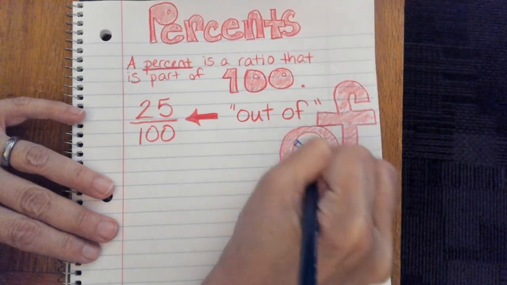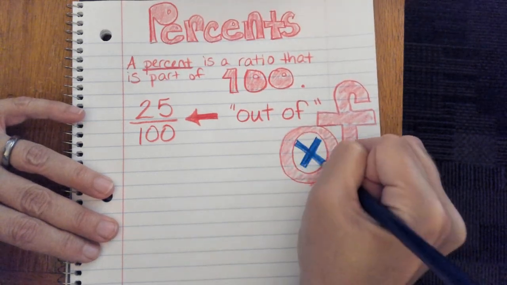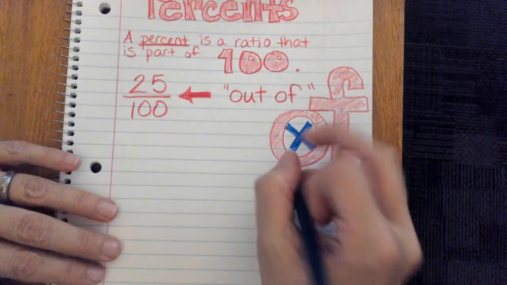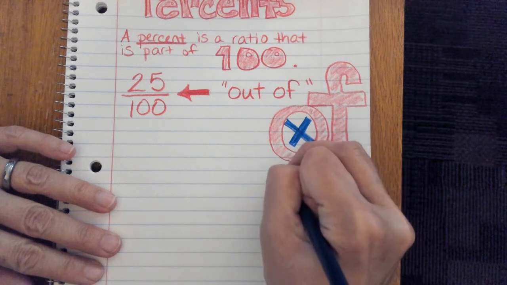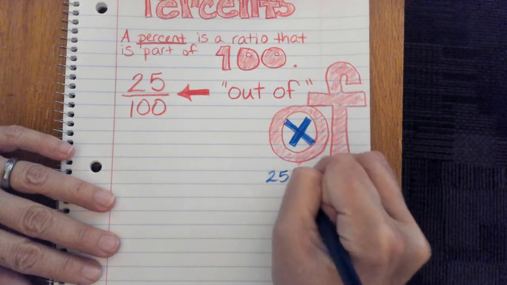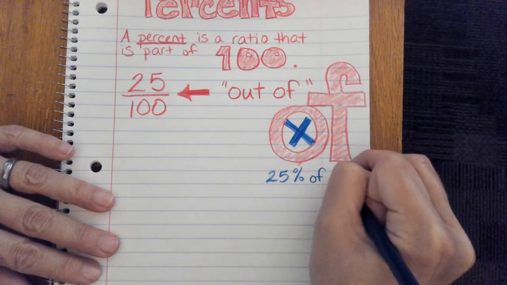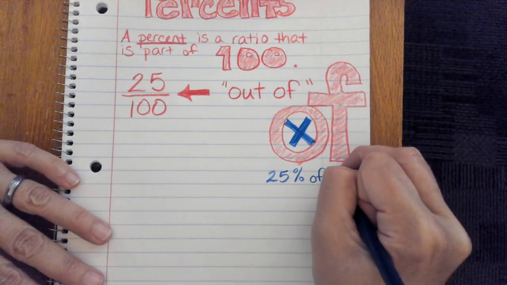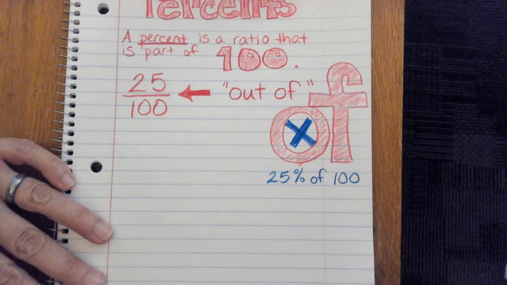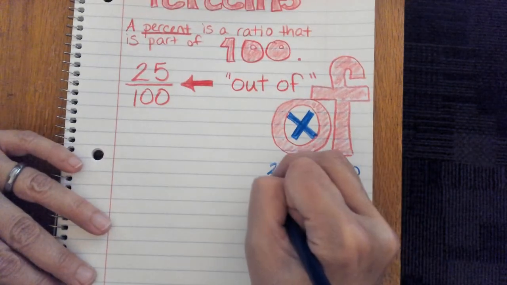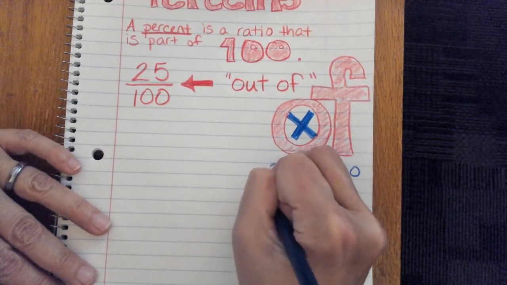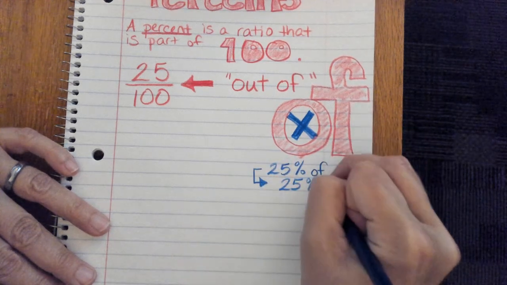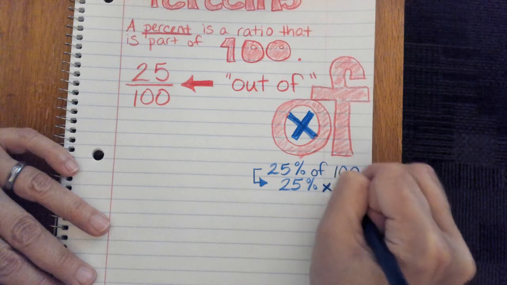I'm reminding you of that because when it says things like 25% of 100, it's saying 25% times 100.